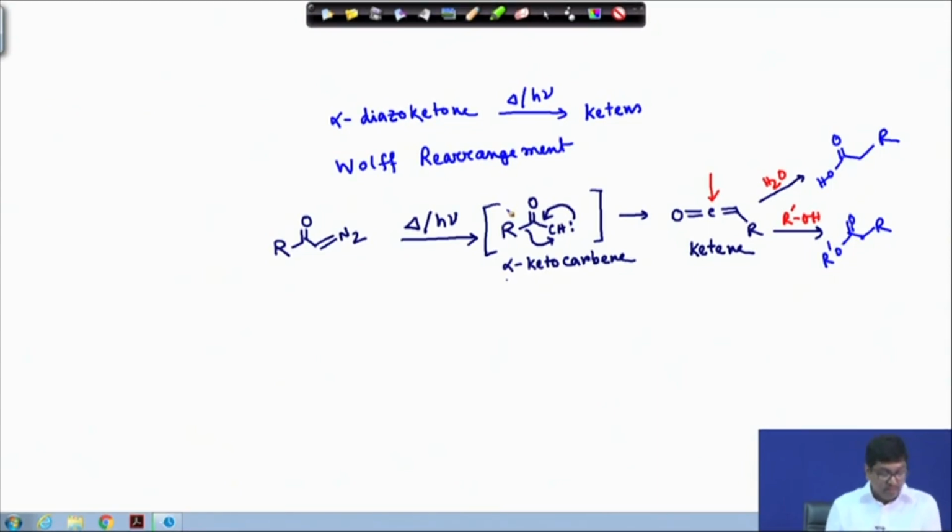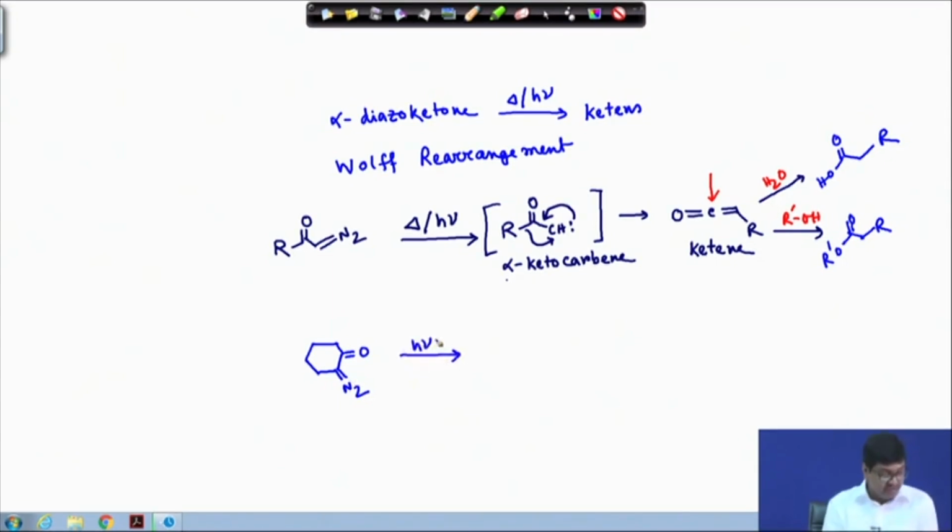Once we have this Wolff rearrangement, now let us see if we take this particular diazoketone compound as the carbene precursor.